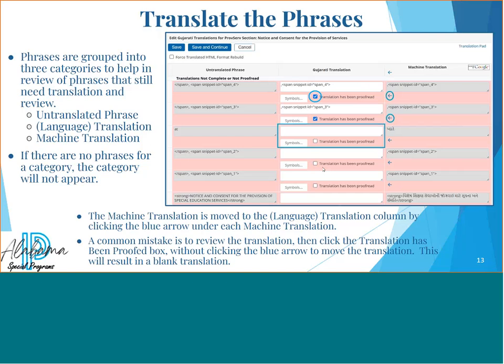Well, it'll stick, but it won't show as translated. That little checkbox has to be checked on every section in order for it to actually translate. So if you move it one by one here, it automatically checks it, because basically it's assuming if I check this box to move it, then it's proofread. Okay?